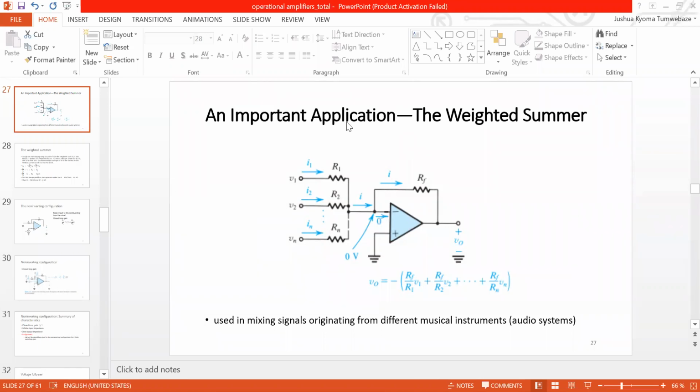Anyhow, we have looked at the inverting configuration. The next thing is looking at the weighted summer. This is simply an application which utilizes the inverting configuration.